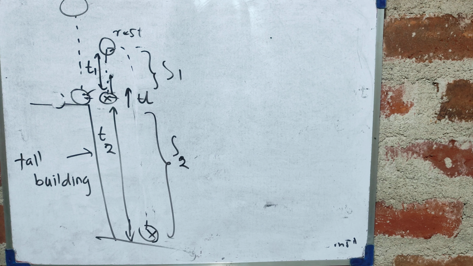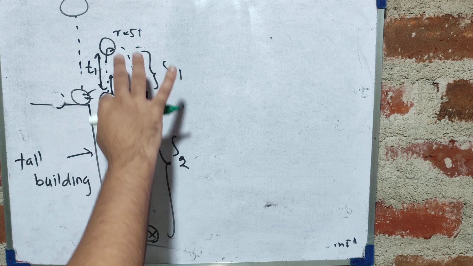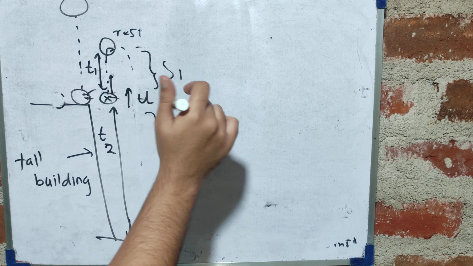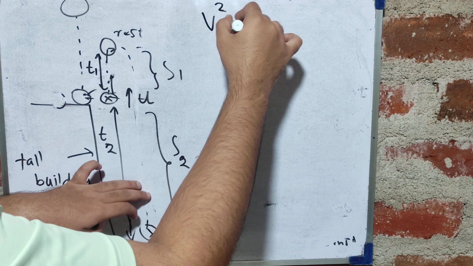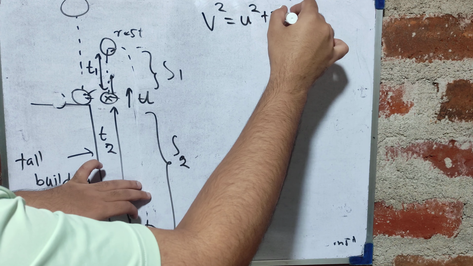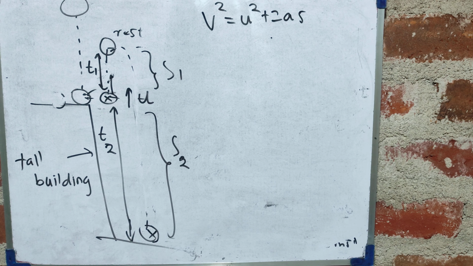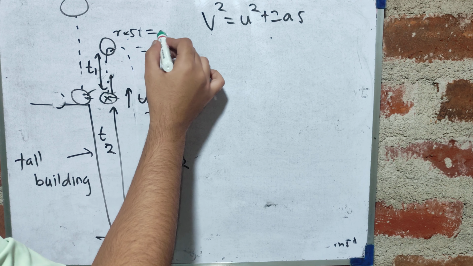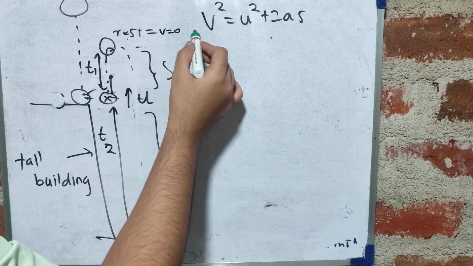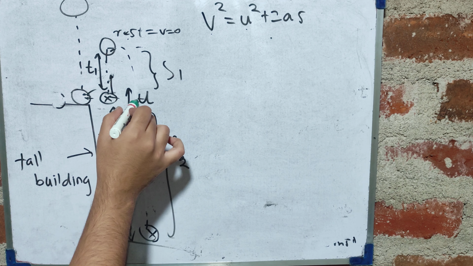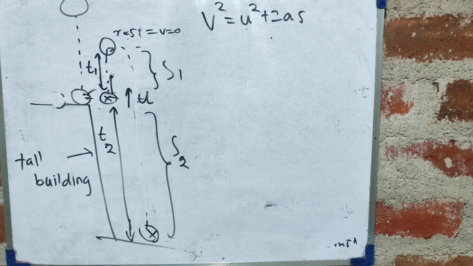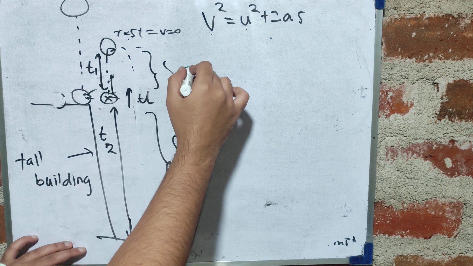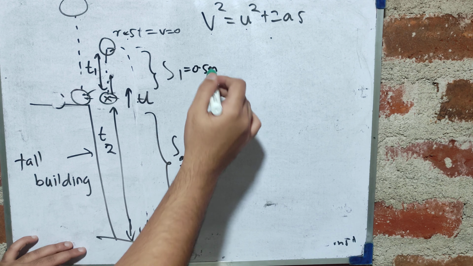In the voice note, I said if you don't know the time, you can use this equation. You don't know the time, you know the final velocity is 0, it's at rest. The initial velocity you are going to find. They have given s1 as 0.5 meters.